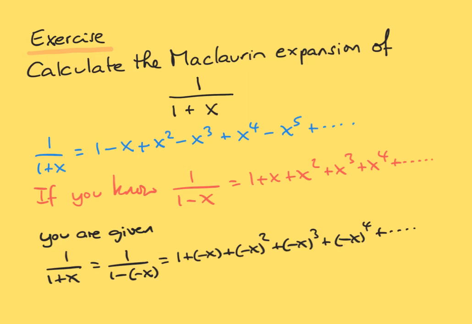So what we obtain is therefore 1 over 1 plus x is 1 minus x plus x squared minus x cubed plus x to the 4th minus x to the 5th, etc. So the formula that I would recommend learning off by heart is this one. It's really easy to remember, and with that you get lots and lots of free gifts.